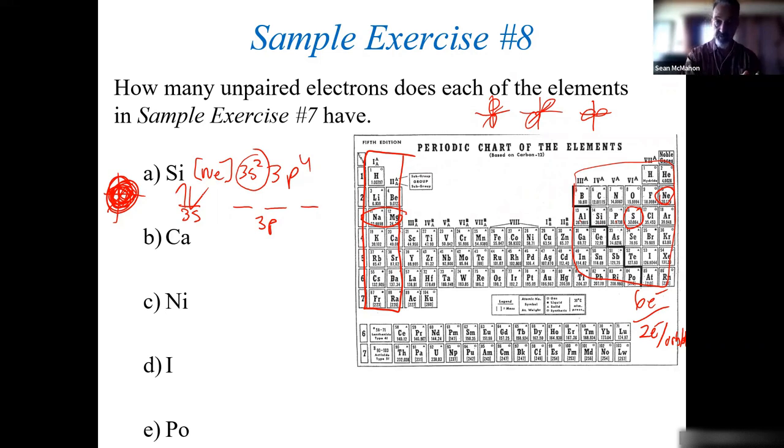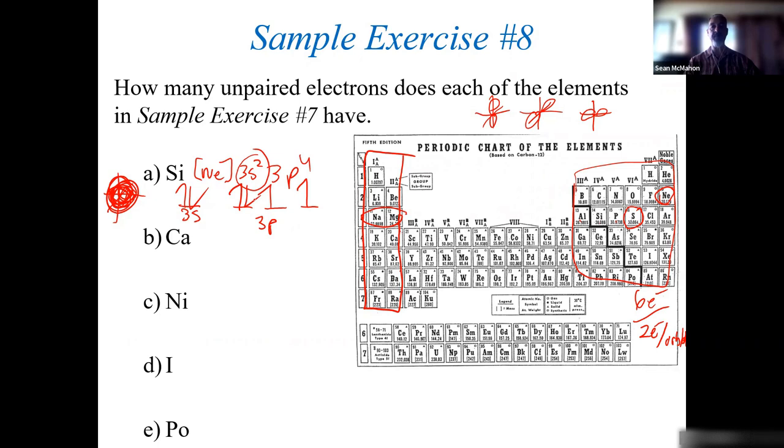And I follow Hund's rule, where an electron's going to minimize repulsion by going into an empty orbital first. So this would be 3p1, 3p2, 3p3, and now 3p4. So there's 2 3p orbitals that are half filled.